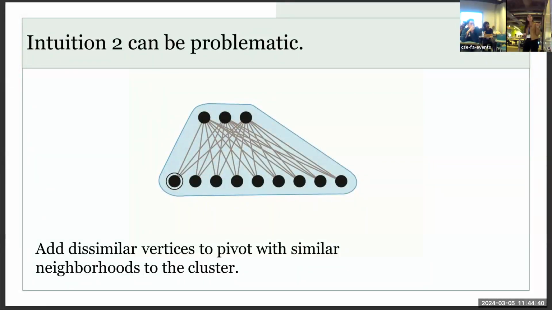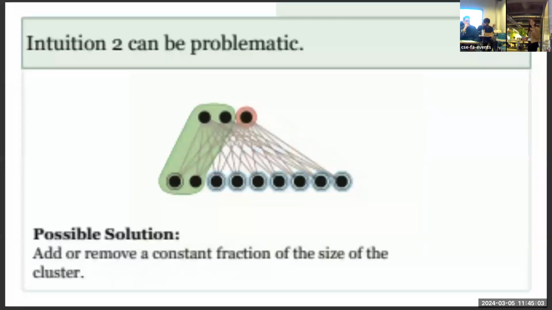So our intuition from problem 2 would say that we could just add all of these vertices to this cluster because they have very similar neighborhood to the first cluster. So we might add all of those, but this can actually go very wrong because we're adding the cost for all of these non-edges in the bottom part. So this doesn't seem to be a good solution.